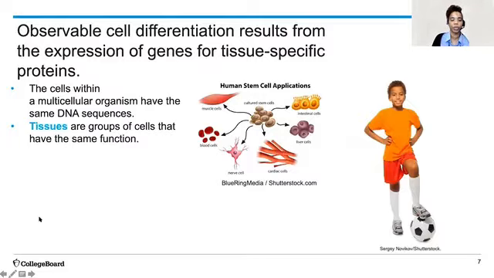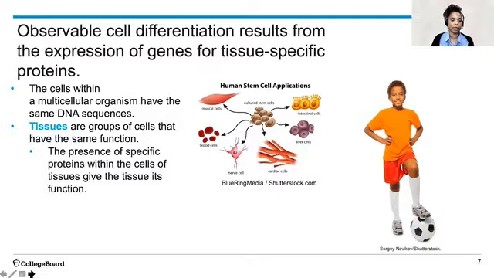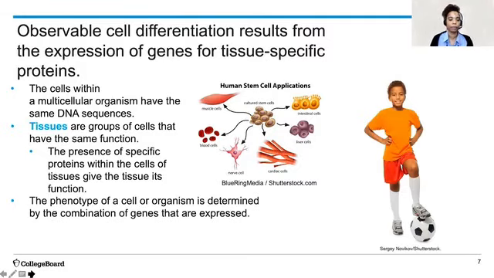And tissues are groups of cells that have the same function. The presence of specific proteins within the cells of the tissues gives the tissue its particular function. So the muscle cells have one function where the intestinal cells have a different function.